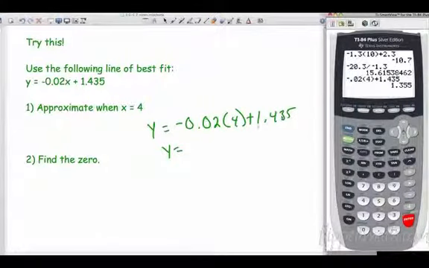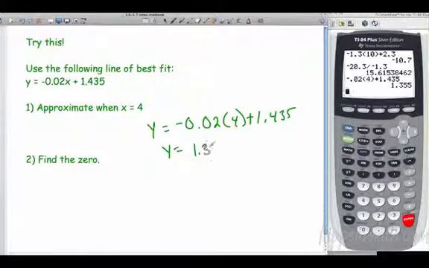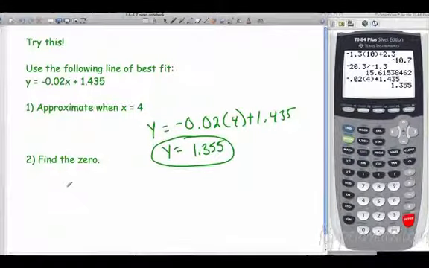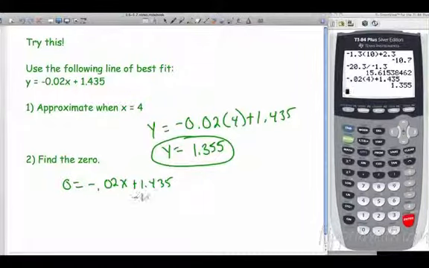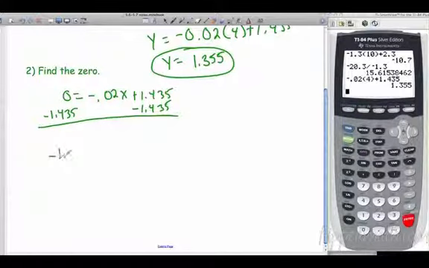Now, I've been rounding to tenths, but I started with more than tenths. I started with tenths, hundredths, thousandths, so I'm going to leave it as thousandths here. That's called significant digits. So that's 1.355. Then it says find the zero, so I plug in 0 for y: negative 0.02x plus 1.435. Subtract 1.435 from both sides, and I have negative 1.435 equals negative 0.02x.